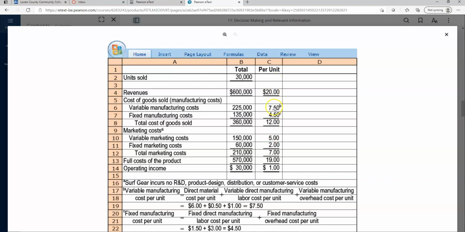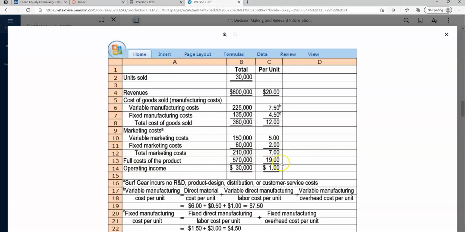Variable manufacturing costs of $7.50, fixed manufacturing costs of $4.50, and that's because our fixed costs in total are $135,000. So per unit cost of goods sold, $12. Marketing costs, variable marketing costs are $5, fixed marketing costs are $2, so a total marketing cost of $7.